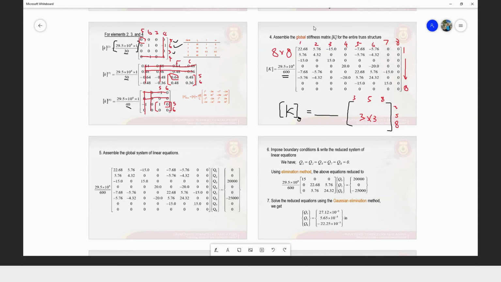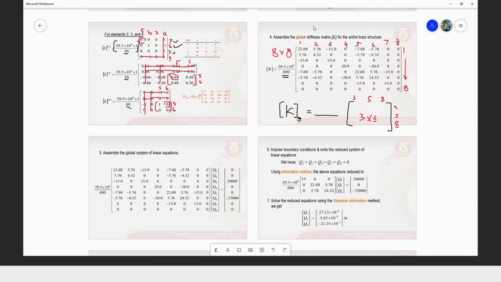Tapi sekiranya soalan memerlukan kamu untuk menyediakan global stiffness matrix, full global system of linear equation kan, then you have to prepare the 8 by 8 matrix. Kalau dia just cakap je prepare system of linear equation macam tu je, then you can choose both.